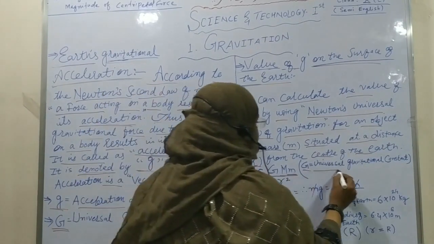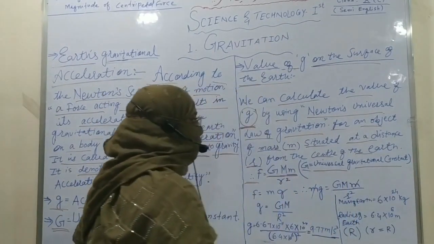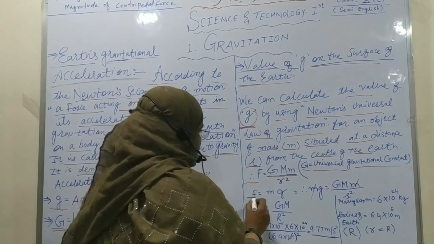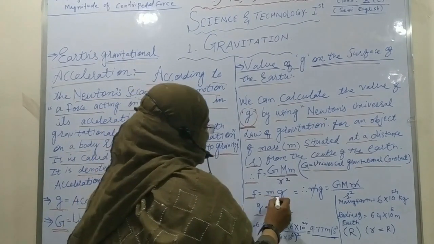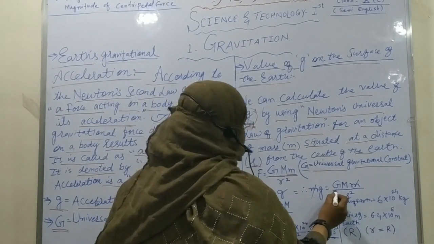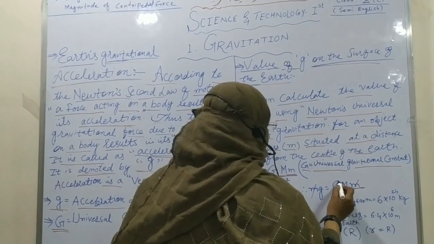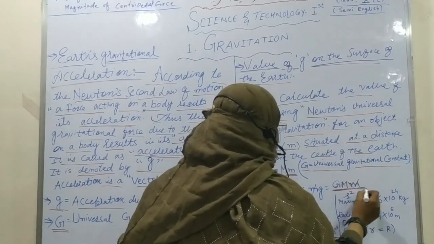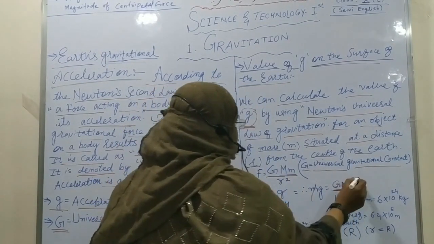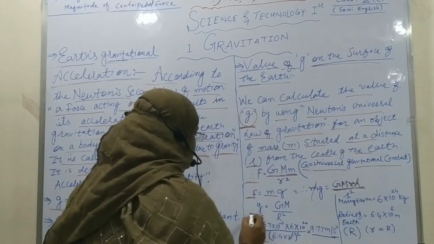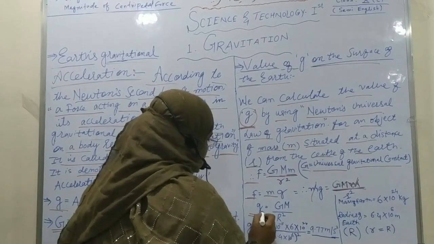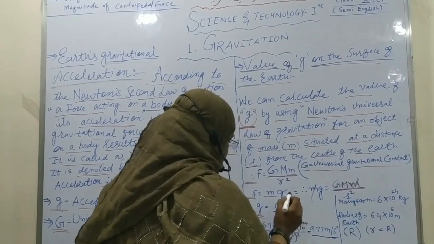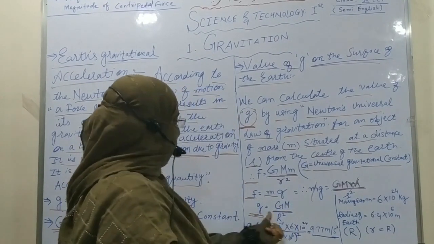Dear students, here capital G is the universal gravitational constant. For the g value we take F is equal to mg, so mg is equal to G capital M small m divided by r square. By cancelling small m, we get the value of small g, that is capital G into capital M divided by r square.